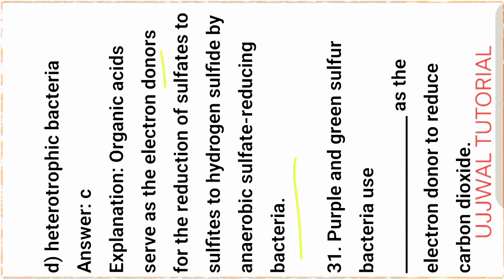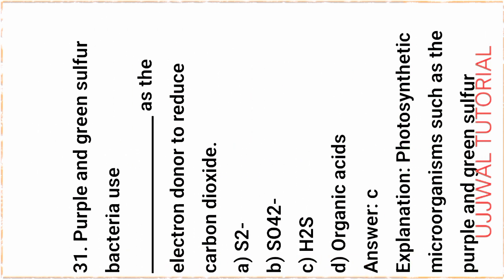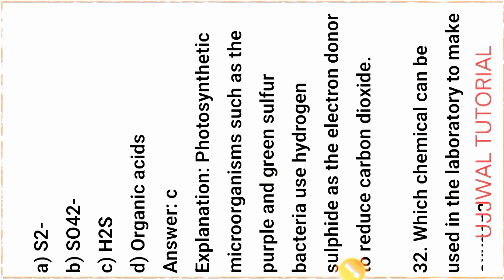Next question, number 31. Purple and green sulfur bacteria use dash as the electron donor to reduce carbon dioxide. Explain for this part, answer C, H2S. Photosynthetic microorganisms such as purple and green sulfur bacteria use hydrogen sulfide as the electron donor to reduce carbon dioxide.